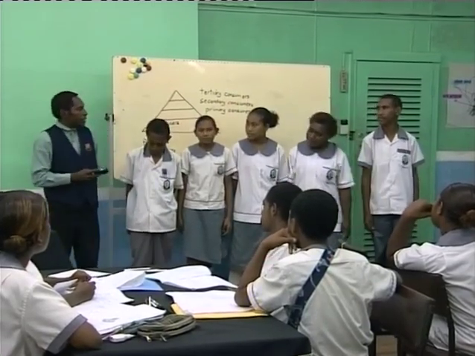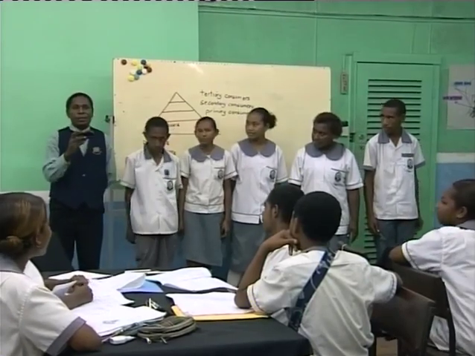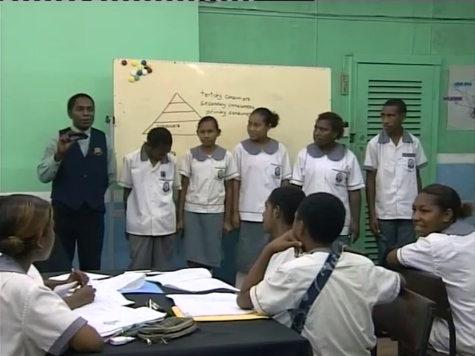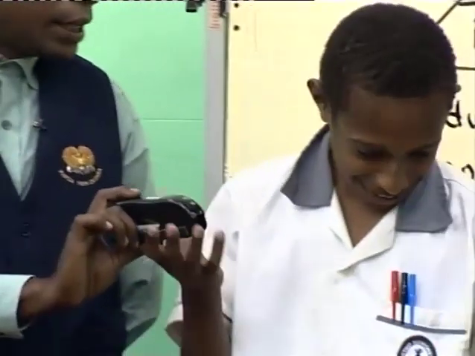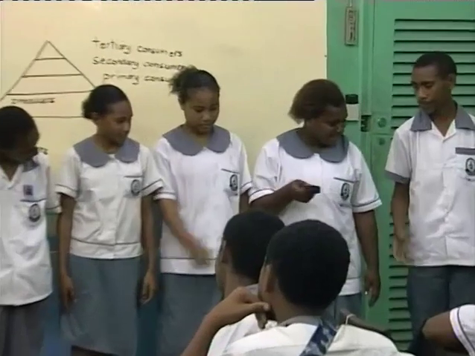JJ is the last person, and Isaac is over here, and this stapler is going to be passing from me to JJ. Okay, here goes. Isaac passes to Momoru, to Maria, to Daisy, to JJ. Okay, good.